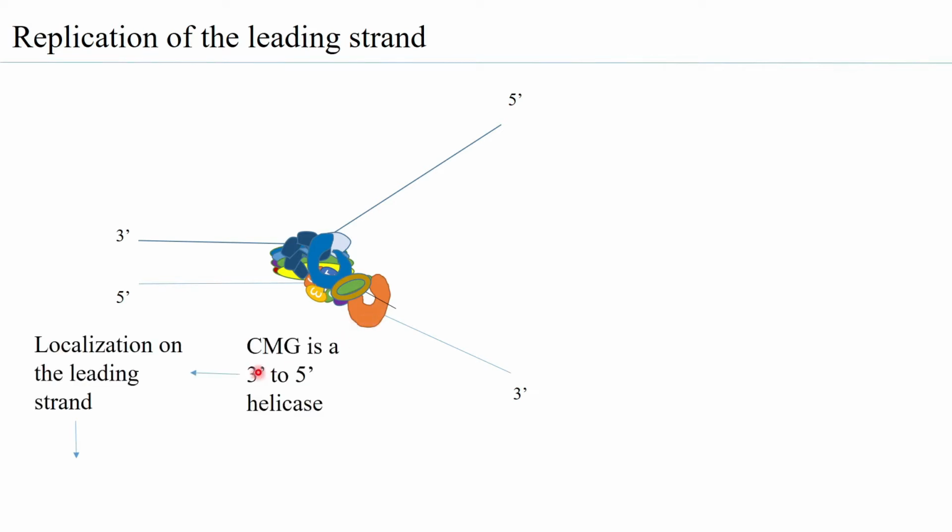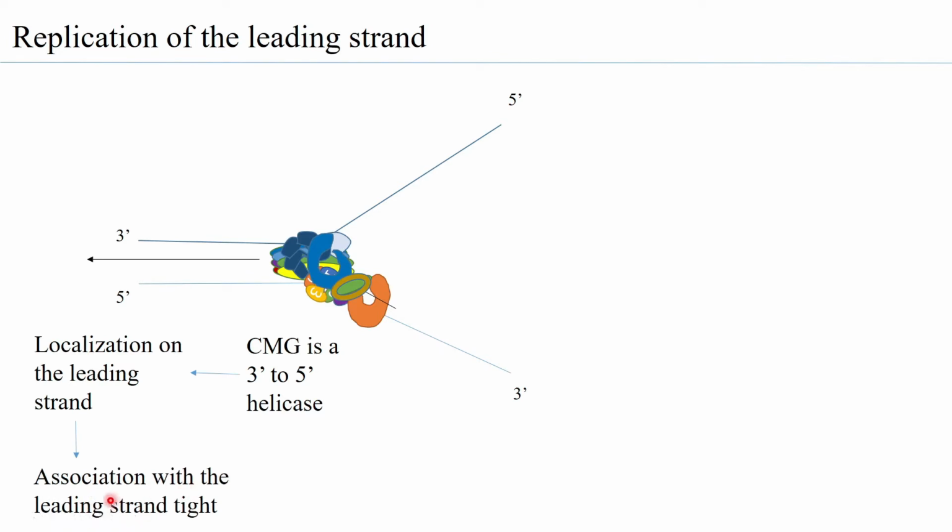Now, as the replication fork moves over here, through a lot of studies, what has been observed is that the CMG complex is localized on the leading strand. You can see this is the leading strand, the 3' 5' strand. So the entire CMG complex is localized on the leading strand.